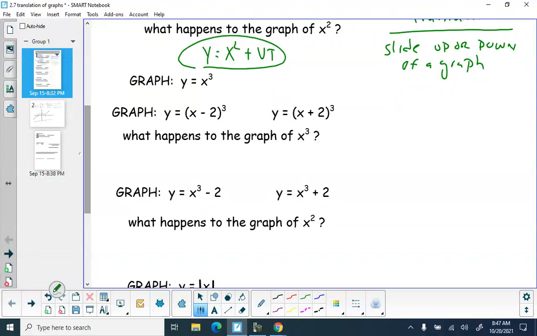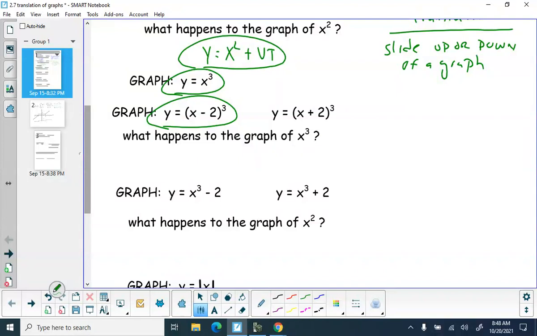Go ahead and just take y equals x squared plus 3 and x minus 2. I'm sorry, y equals x cubed and y equals x minus 2 cubed. Graph those two.